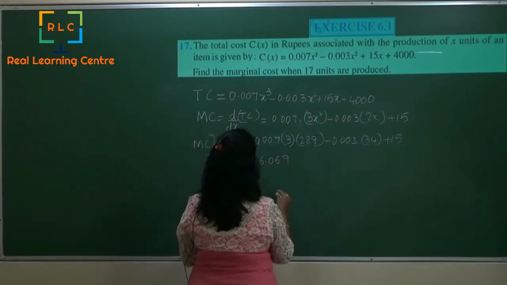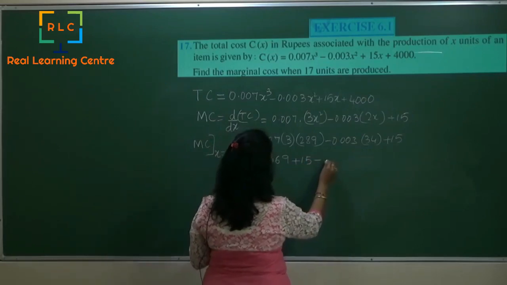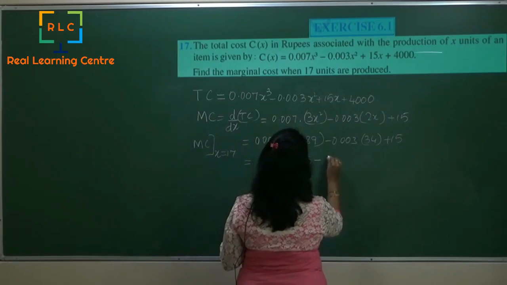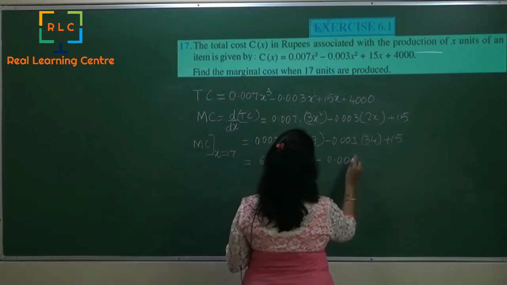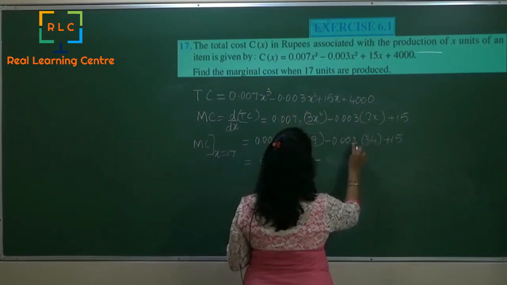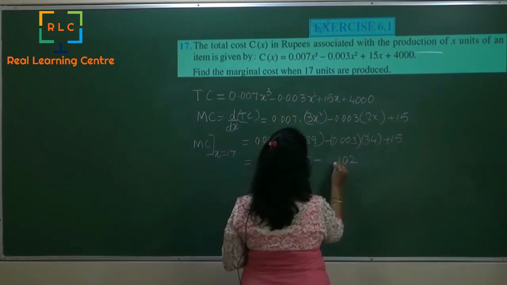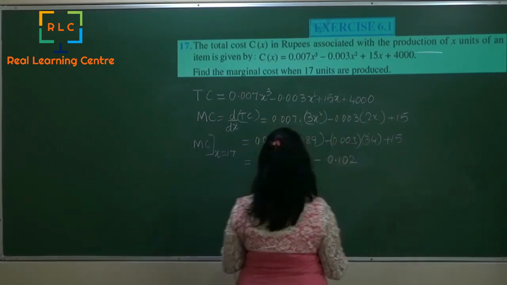6.069, and then plus 15 minus 0.003 into 34. Let me do this: 3 fours are 12, 1 carry, 3 threes are 9 plus 1, 10. I should put the decimal point after 3 digits. So it is 0.102.